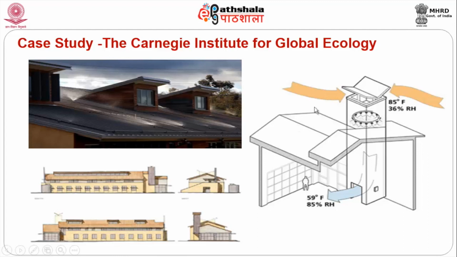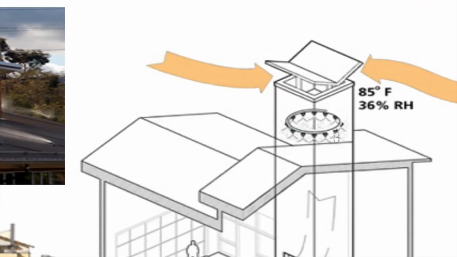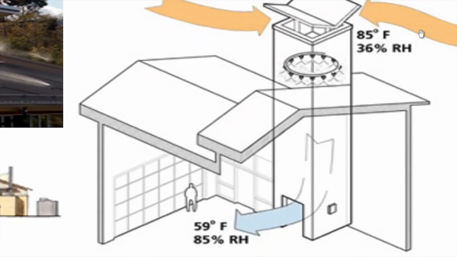So, it acts on this principle. Air comes in at a particular temperature and at a particular humidity. It goes through a series of sprinklers, comes down as cool air, cools the building and is taken out.